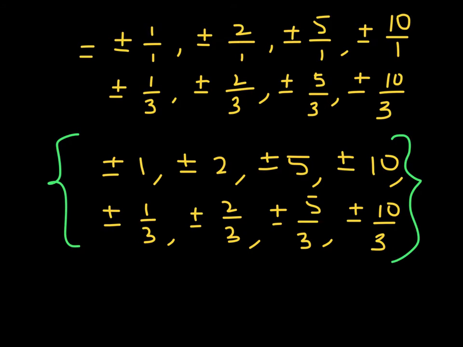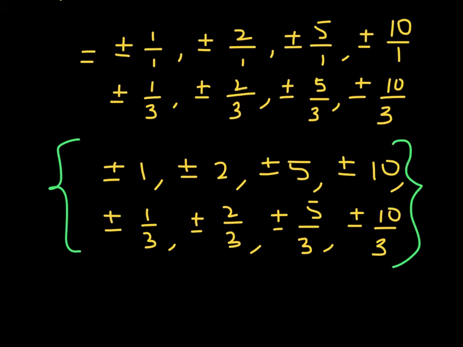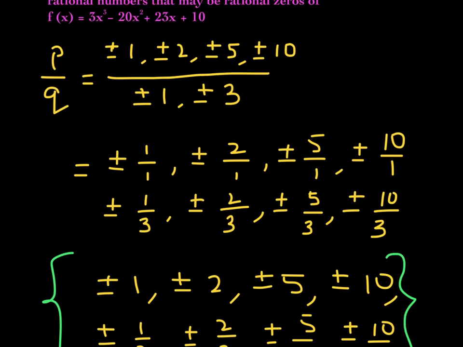Now, let me be very clear. The theorem does not say that the function they gave us has to have a rational zero. That's not what we're saying. We have no guarantee that the function they gave us, let me scroll back up so that you can see it on your screen, has any rational zeros.